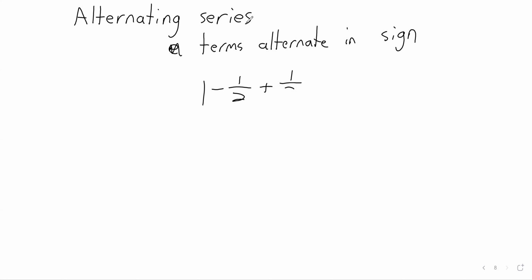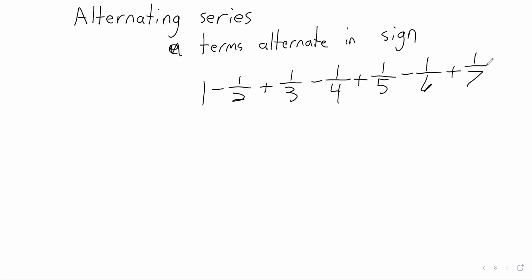So here is an example of an alternating series. You see, we go from positive to negative and negative to positive. Every term is a different sign than the one before it.